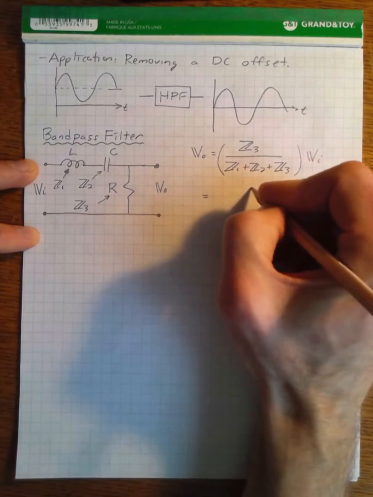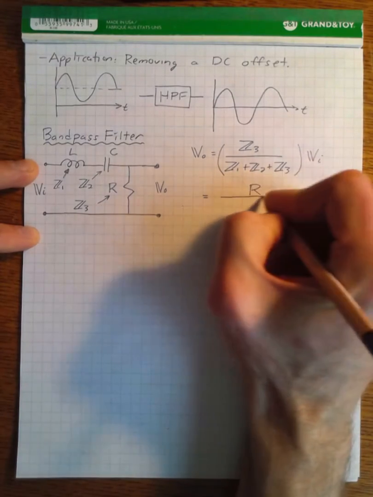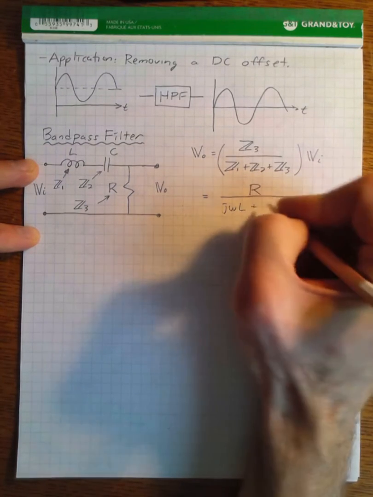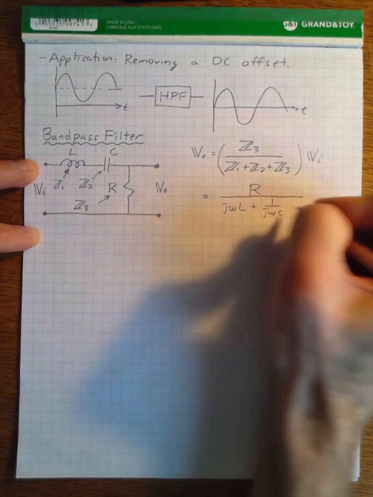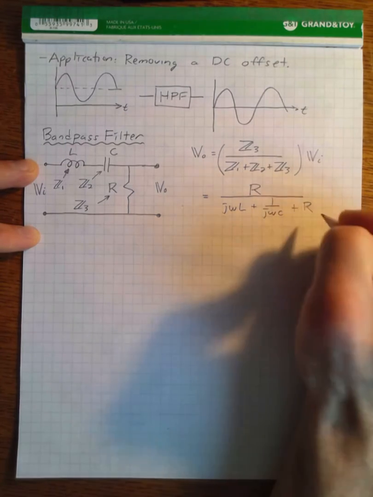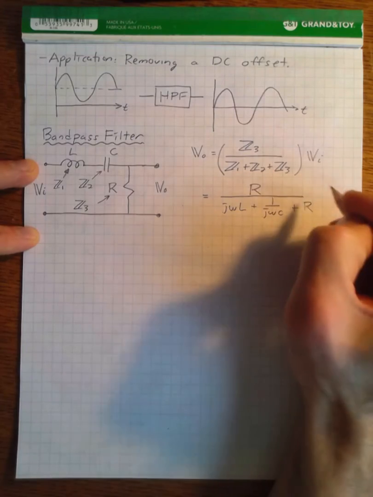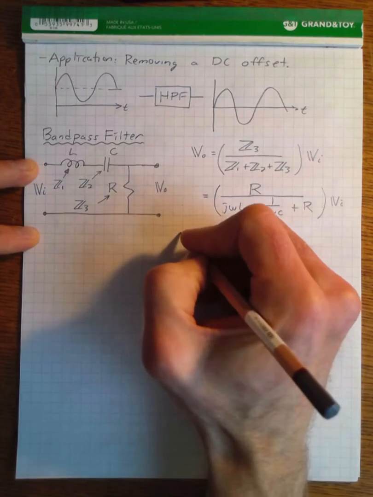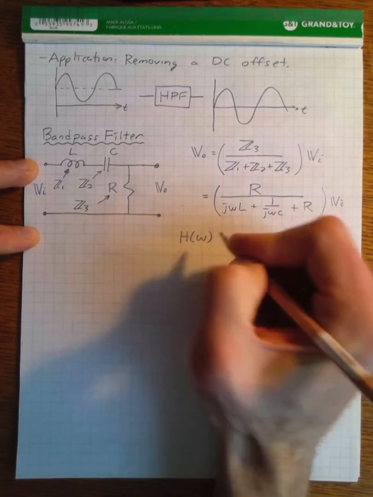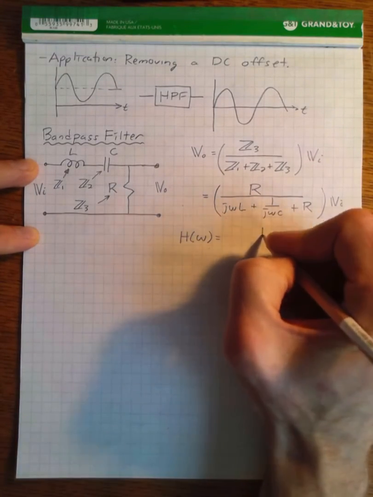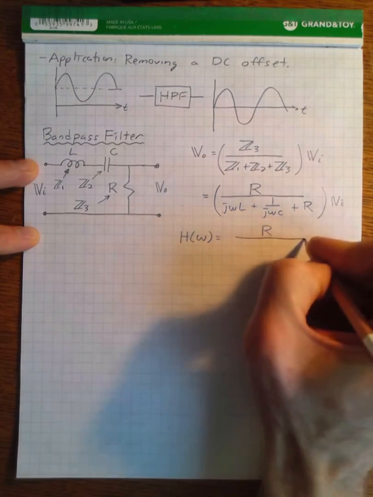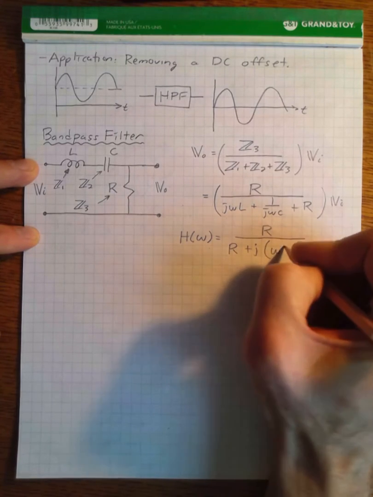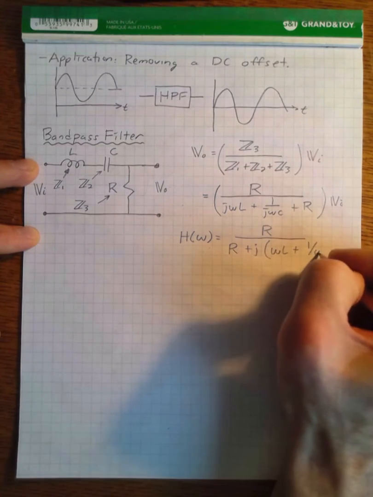Or in other words, R over j omega L plus 1 over j omega C plus R. Or the transfer function, if we want to group terms just a little bit, j times omega L plus 1 over omega C.